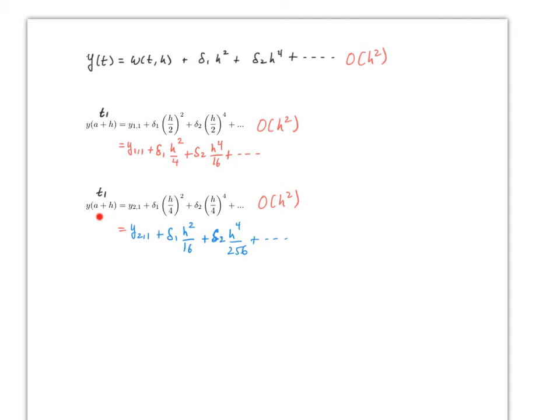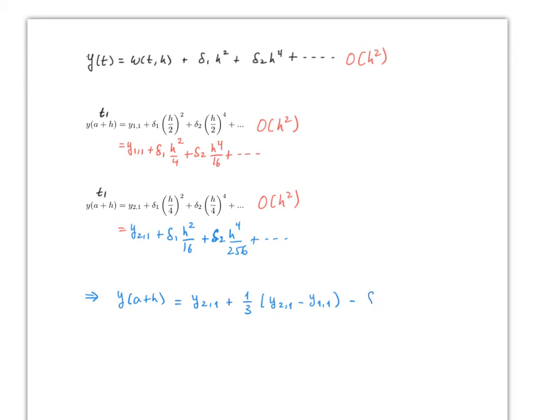you combine both of them, then from here you will get Y(a plus H) equals Y21 plus 1/3 (Y21 minus Y11). And you can see the similarity between this and section 4.3.